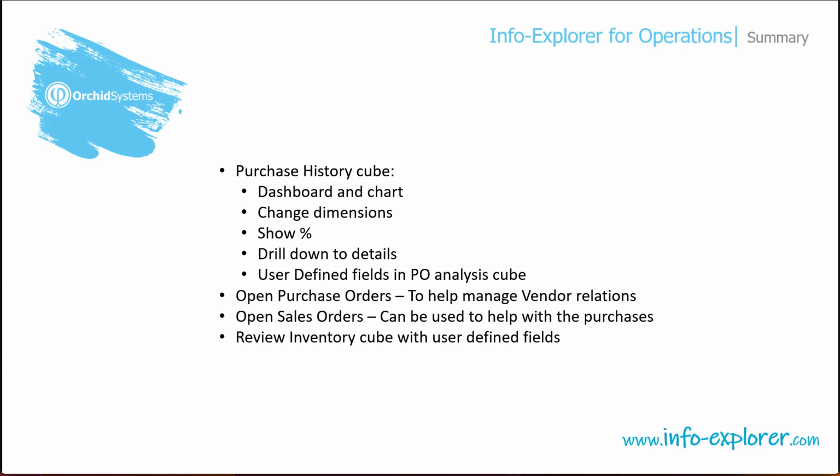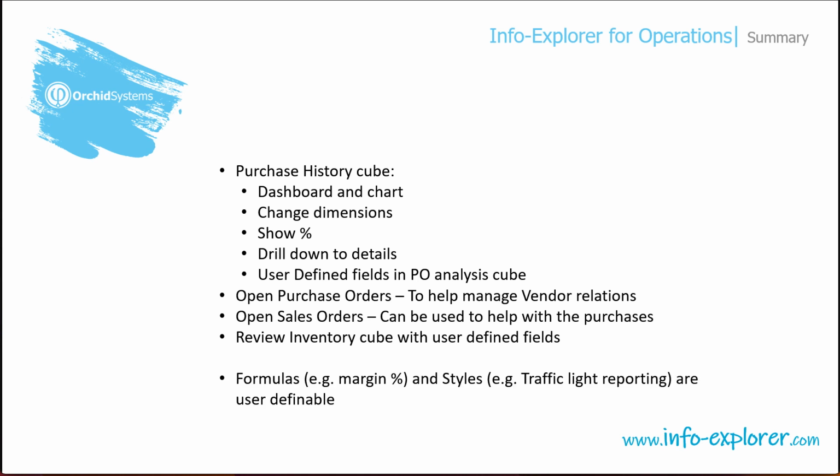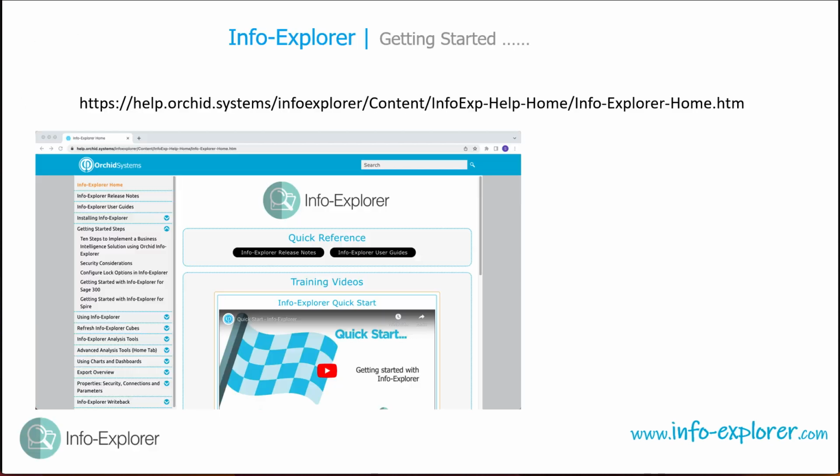We will be releasing an inventory cube shortly, so stay tuned and have a look at the Info Explorer website. As mentioned before, all the formulas and the styles are all user definable, and the online help that you can access from the website explains to you how to get started and also how to use some of the more advanced functionality like adding styles and formulas.